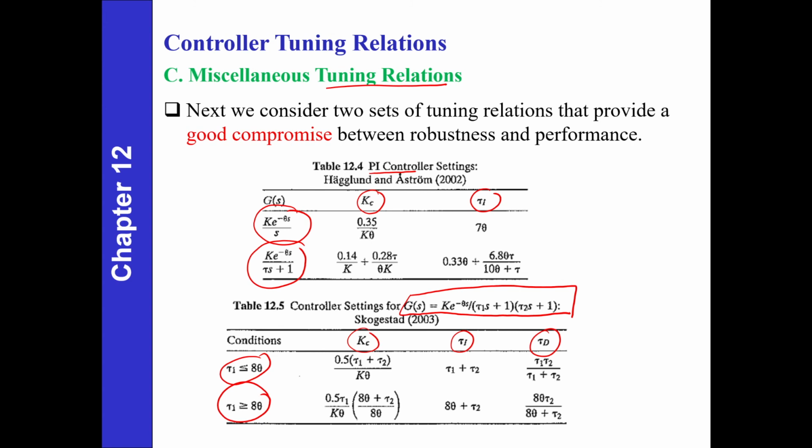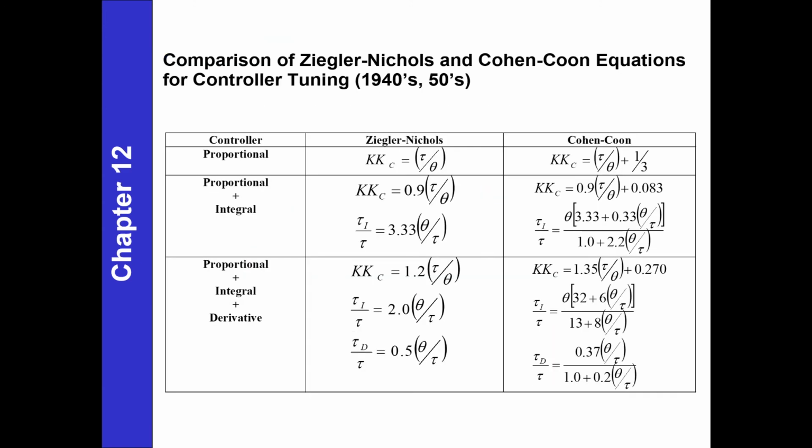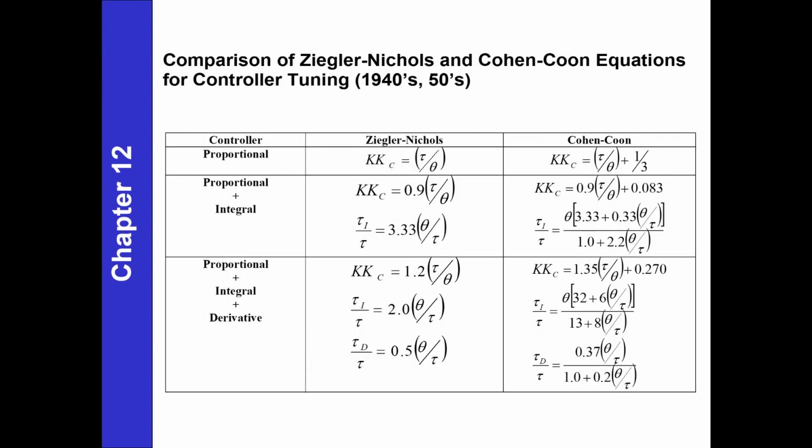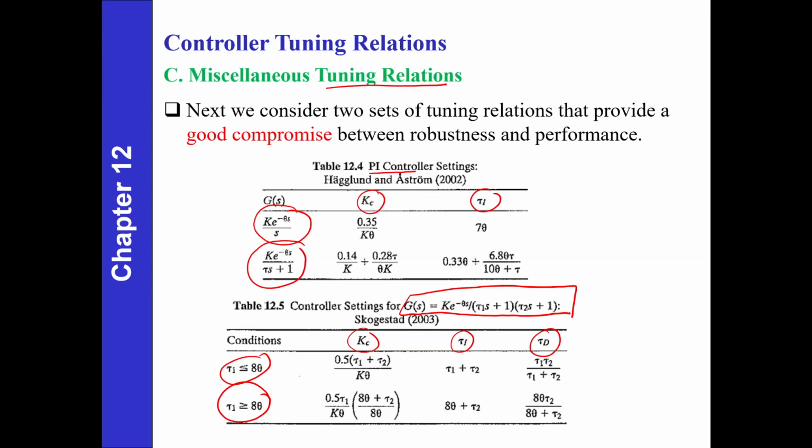Okay, so I think we have done this. This is one of the examples. You can try it by yourself. Tuning relation is about equations to find the value of Kc, tau I, and tau D. You will be given a lot of equations. You don't have to derive, you just use the equation and plug in the numbers.